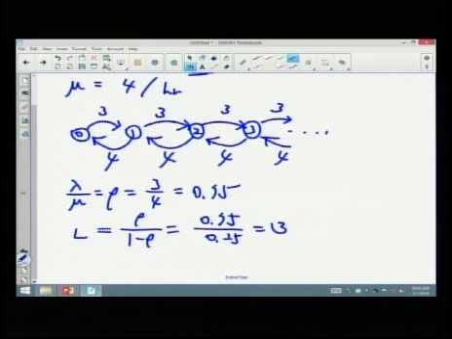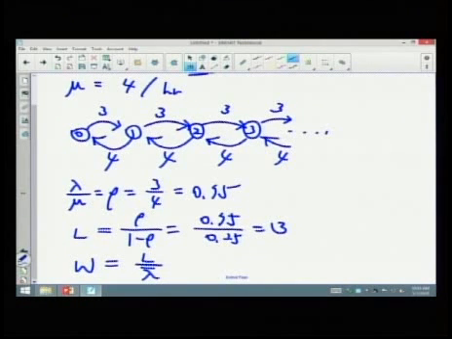What is the average time in the system per truck, which is W? It's L over lambda bar. Actually, in this case, lambda bar is the same as lambda, right? Because this is the infinite system, the arrival rate is always equal to 3.